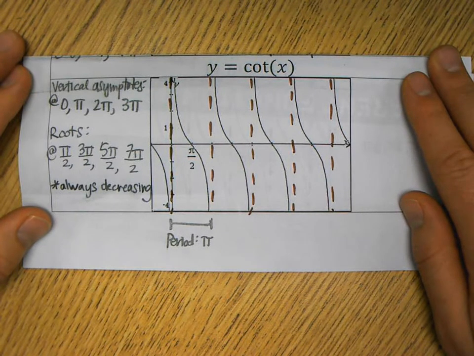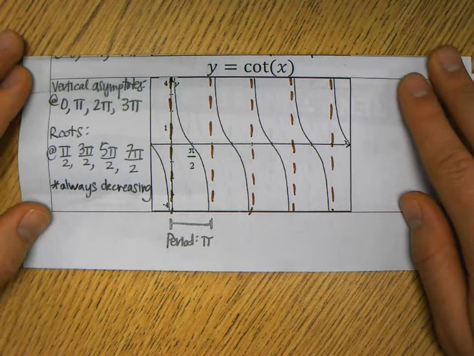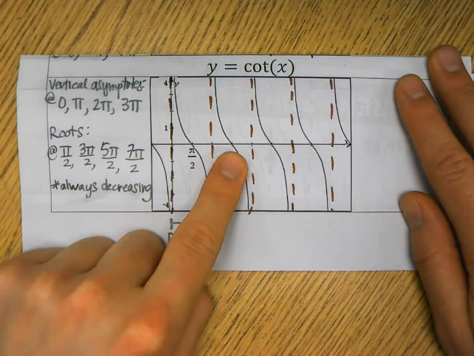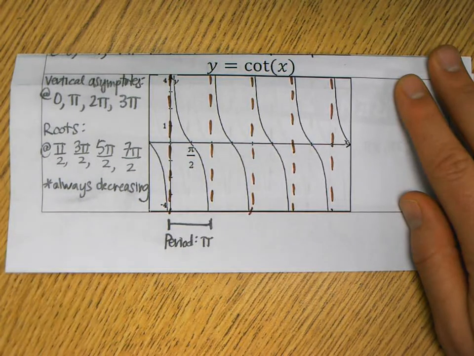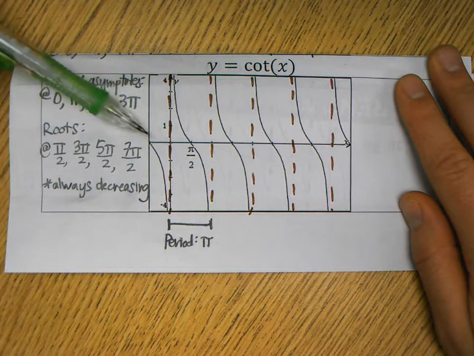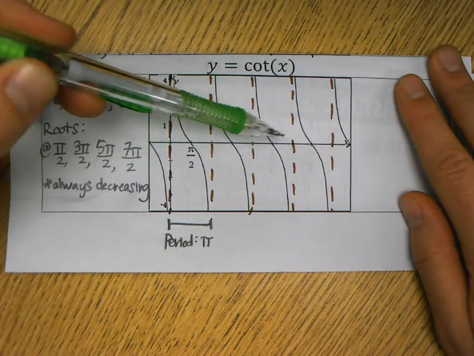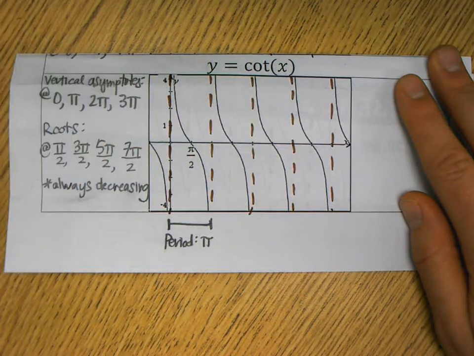There are no relative maximums or minimums on this function, and there are roots located at pi over 2, 3 pi over 2, 5 pi over 2, 7 pi over 2, etc. The vertical asymptotes for this function are located at 0, pi, 2 pi, 3 pi, 4 pi. The period of this function is only 1 pi, just like tangent has a period of 1 pi, cotangent only has a period of 1 pi.